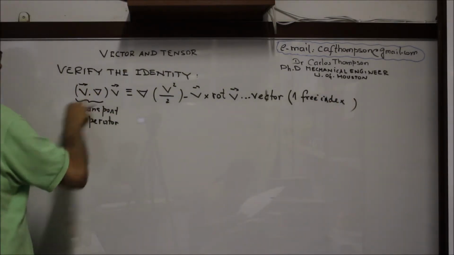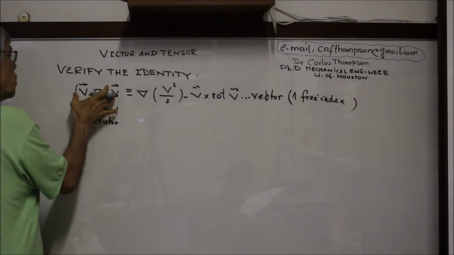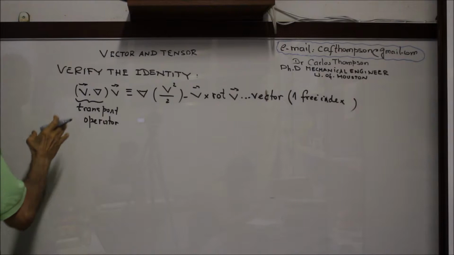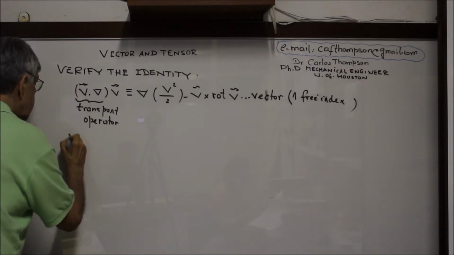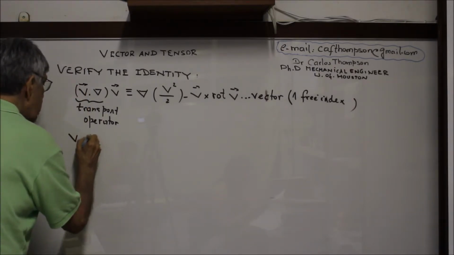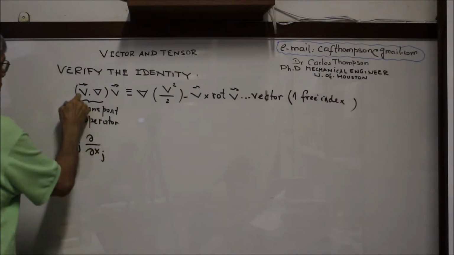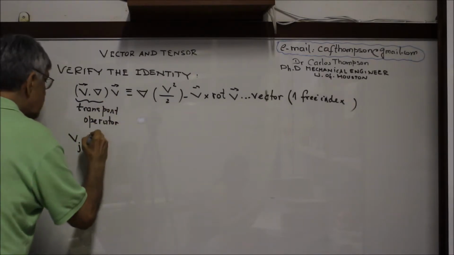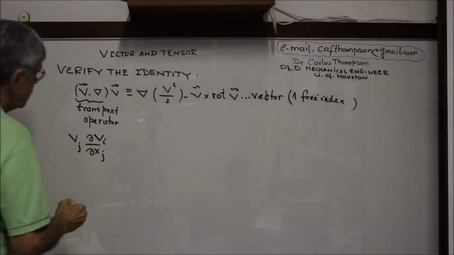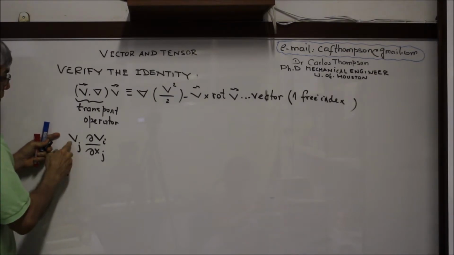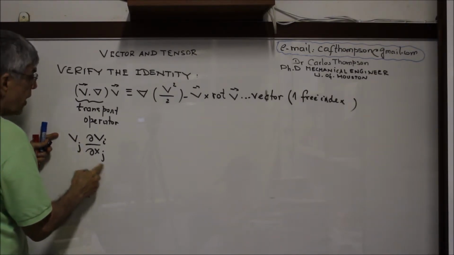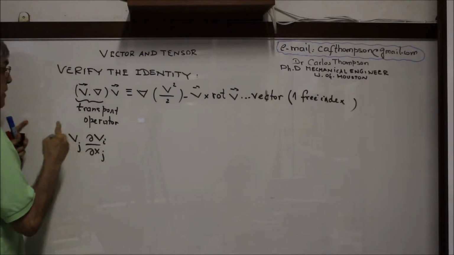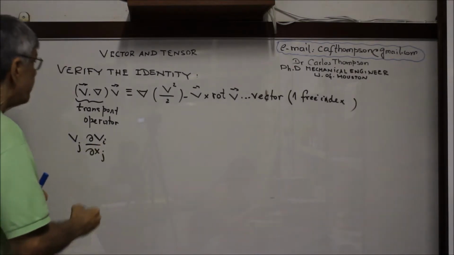Now let's write this using Cartesian notation. So let's put this Vj partial with respect to xj. So this is V dot nabla. This applied to V, let's call vector Vi. See? This is a vector. Vj partial with respect to xj. This is a vector I. So this is a vector represented by this free index I.